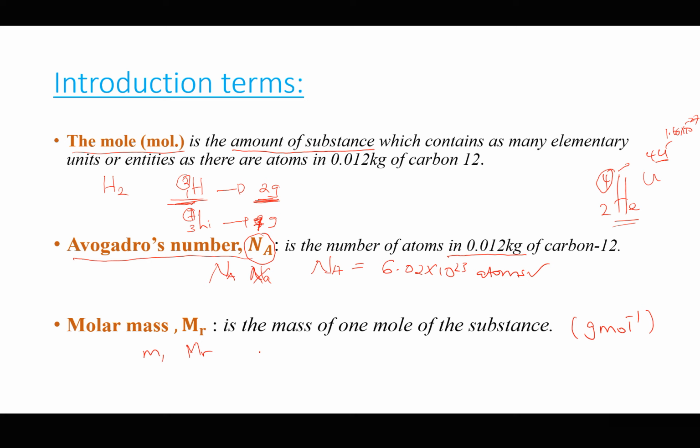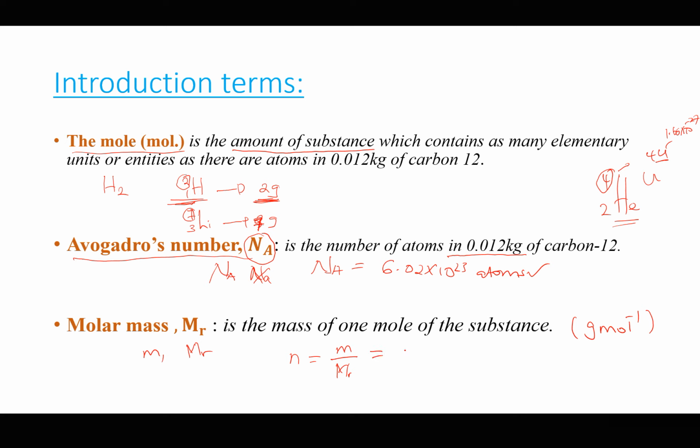So how many moles could we have if a substance has mass m but its molar mass is M_r? The number of moles is simply equal to the mass of the substance divided by the molar mass, because remember, the molar mass is the mass of 1 mole of the substance. Therefore, the total mass of the substance is the number of moles times the molar mass.